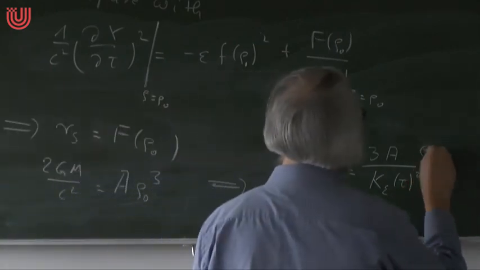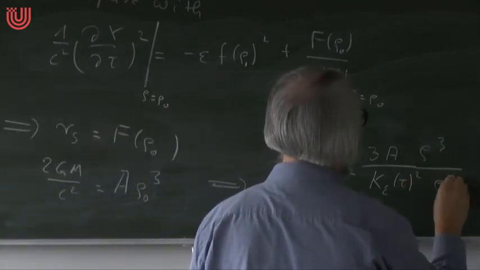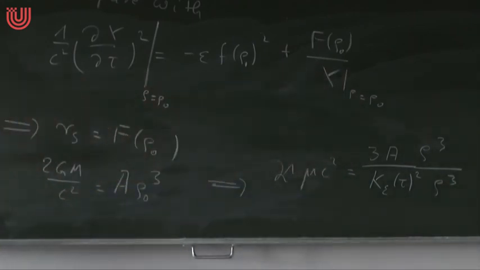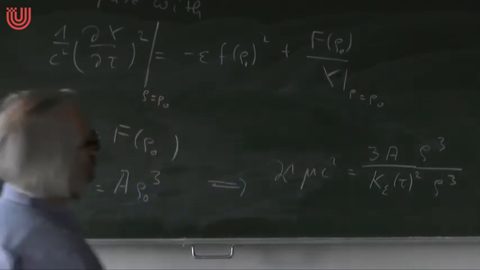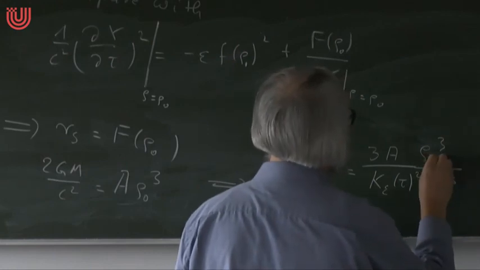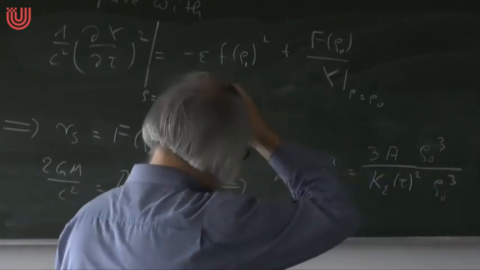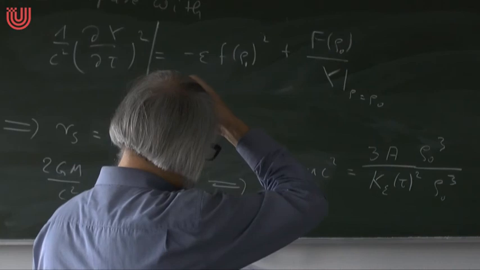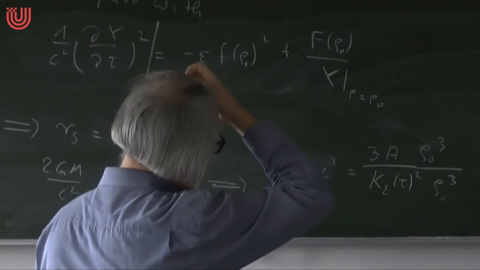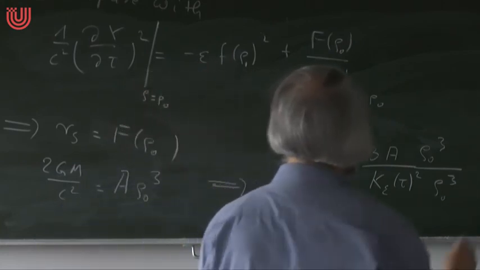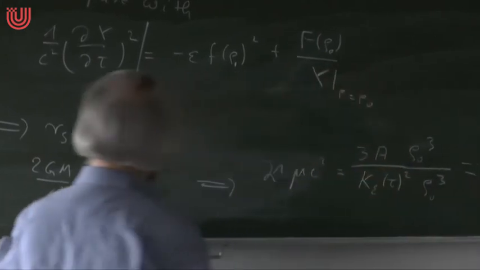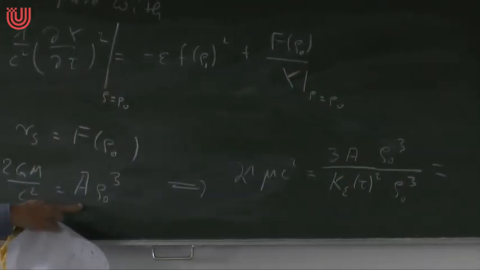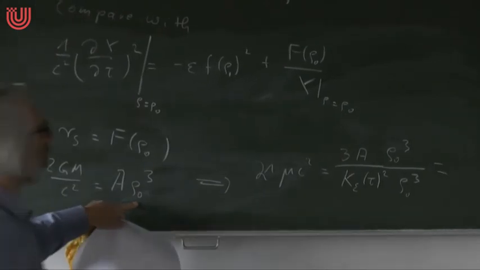And if I multiply numerator and denominator with rho naught cubed, then I have, and I insert the A, I've just calculated the A. This was A times rho naught cubed is this here.